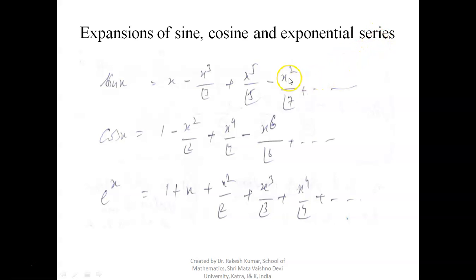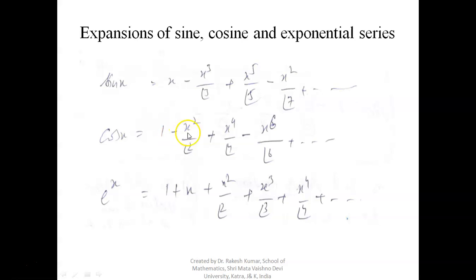So what is the benefit of this type of expansion? That we can generate the algebraic form of sin x, cos x and exponential of x. So the expansion of the sine series is x minus x cube upon 3 factorial plus x5 upon 5 factorial minus x7 upon 7 factorial and so on.